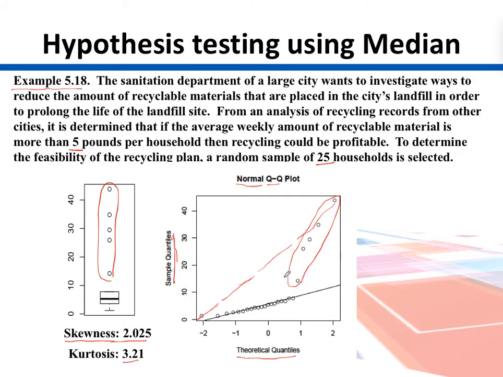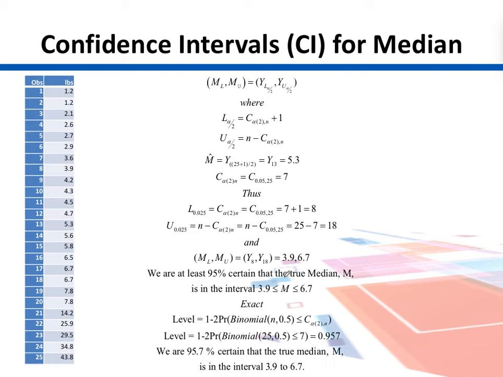So what we do over here is decide to use the non-parametric approach, the hypothesis test for the median. First we will do it as a two-tailed test. We will use the confidence interval approach for the median, and in order to do that we need to determine the lower confidence limit for the median, ML, and MU for the upper.